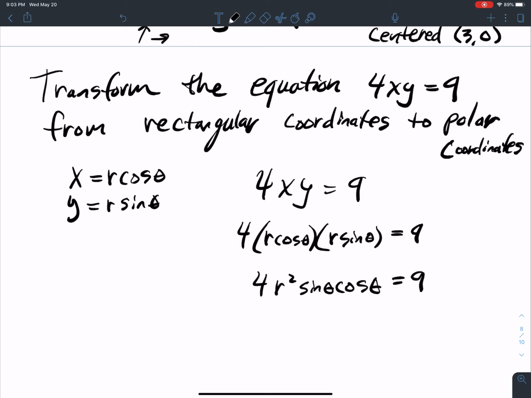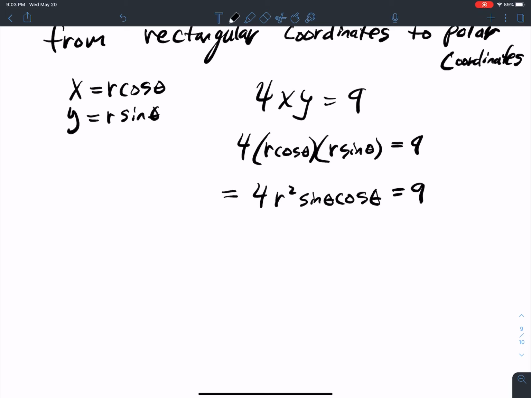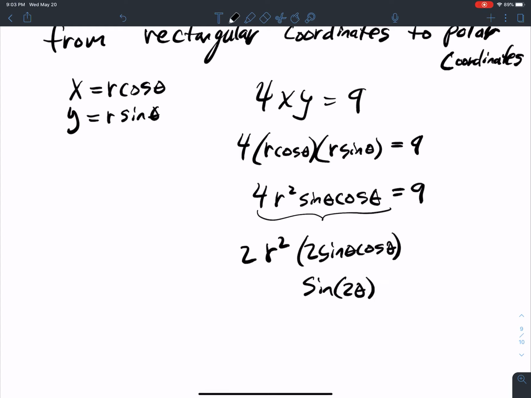You could simplify it a little more by using a trig identity. I could turn this into 2 sine theta cosine theta, which hopefully looks familiar to you. That's sine of 2 theta, the double angle identity.